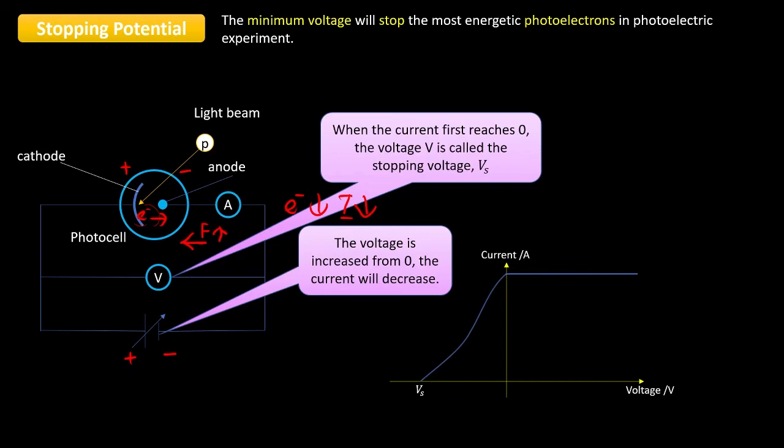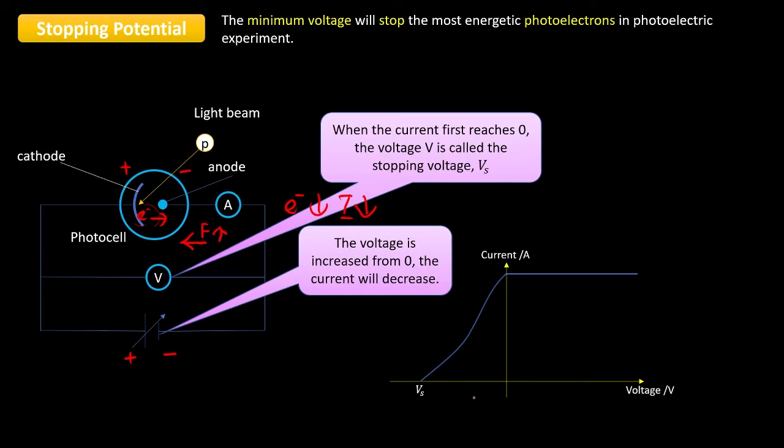Now by analyzing this graph, if the voltage is positive, it has the same direction as the supply voltage, so there's no retarding force. The current flowing in the circuit is constant, because current only depends on the number of emitted photoelectrons, which depends on the light beam. If you have a constant frequency, you have a constant current flow.